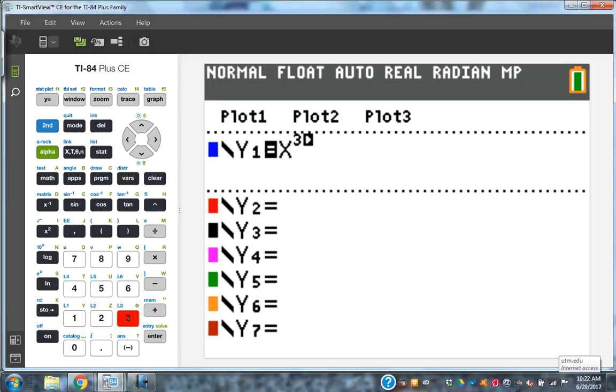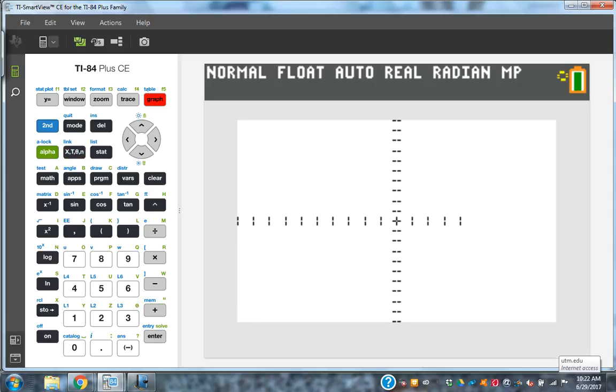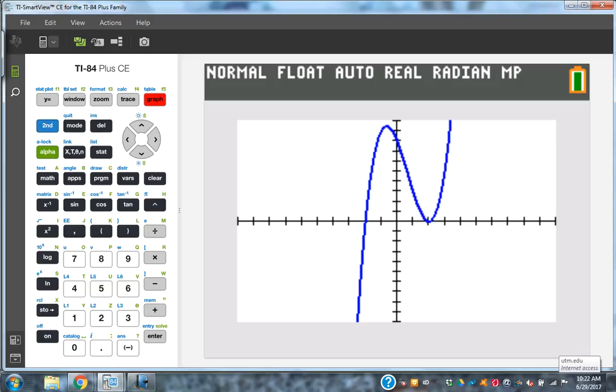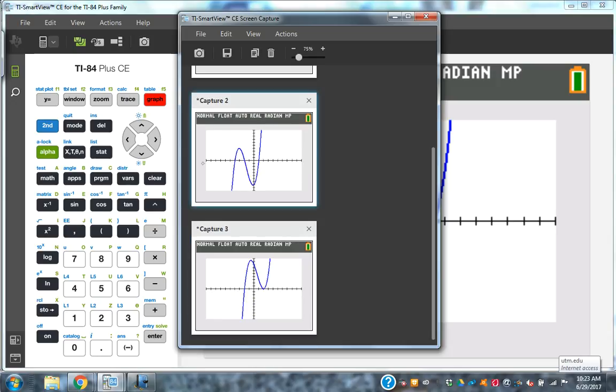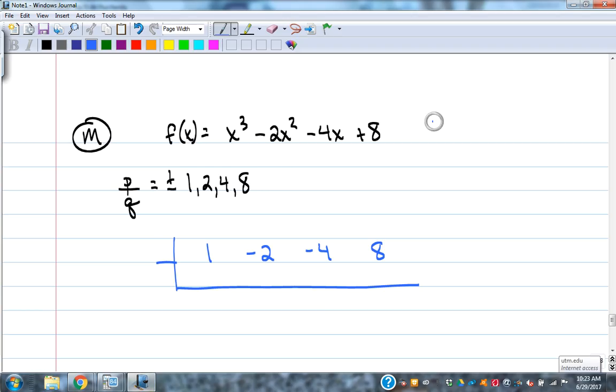X to the third minus 2x squared minus 4x plus 8. So this is a little weird looking on the graph part.